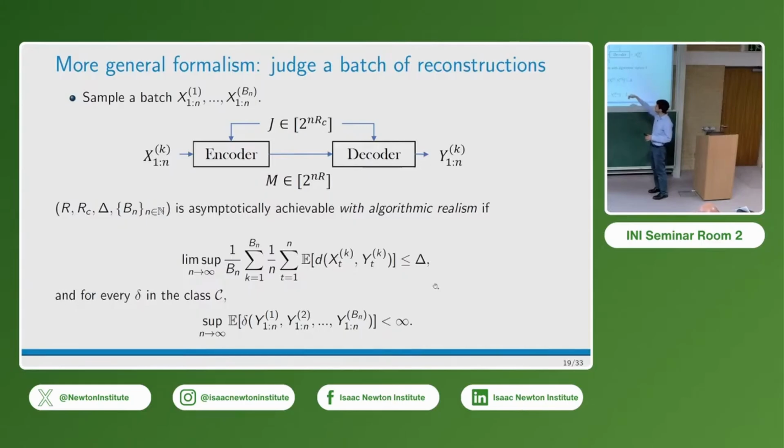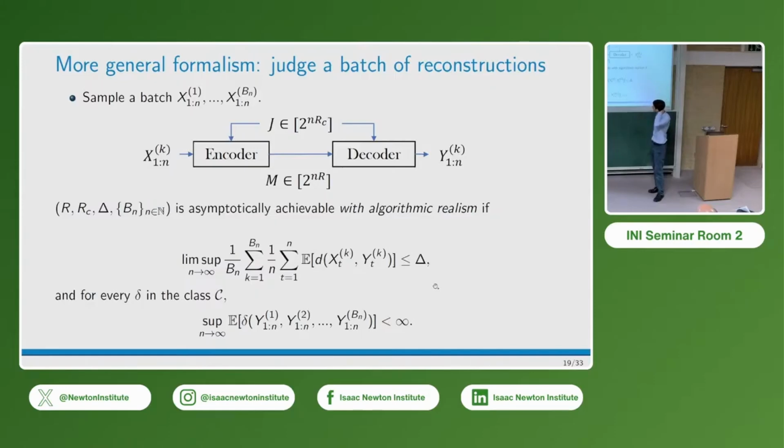So X1, the sequence number 1, gets encoded, then decompressed, and then you get Y1. And then completely independently, you just use your compression scheme again with X2, and you get Y2. And this is what I would call getting samples from the compression scheme. So X1, Y1, X2, Y2, etc., are IID from this.